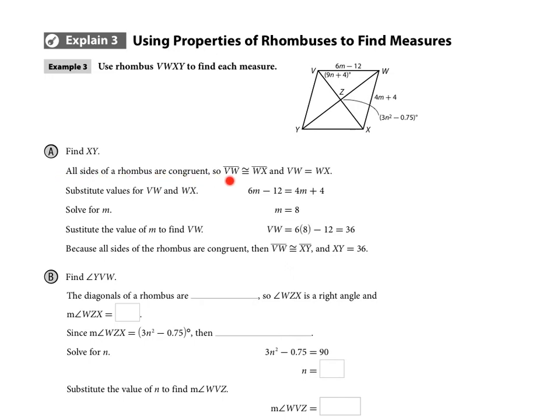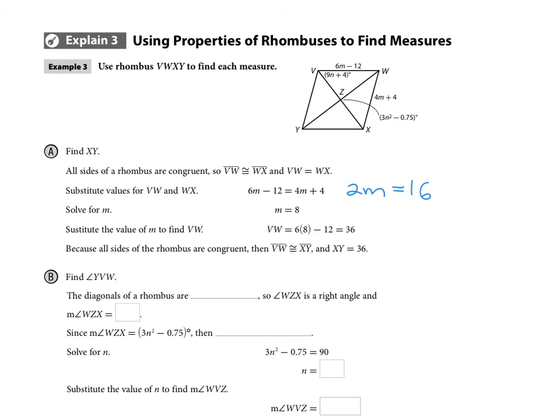All sides of a rhombus are congruent, so specifically VW and WX are congruent, and we're going to set up that algebraic equation. Then we're going to solve for m, so a couple steps in between here. We get 2m when we subtract 4m, and then add 12, and we get 16, and then of course m equals 8. But we're not done once we found the variable.